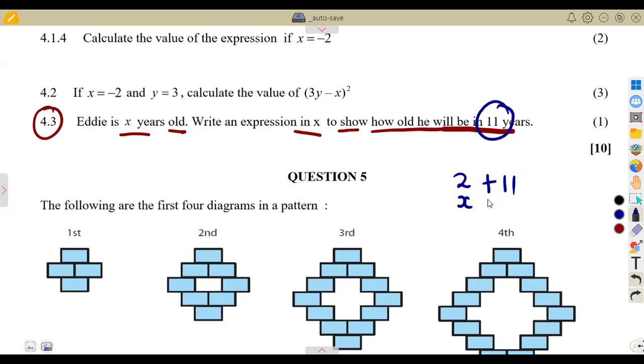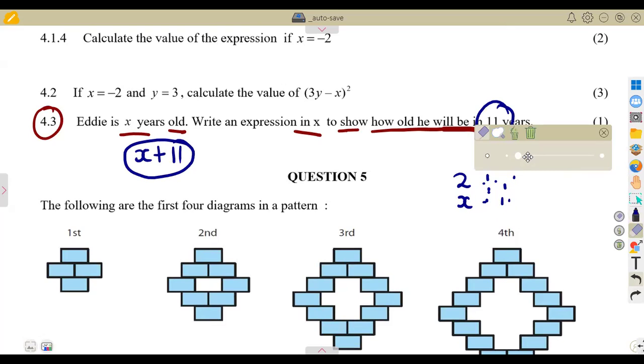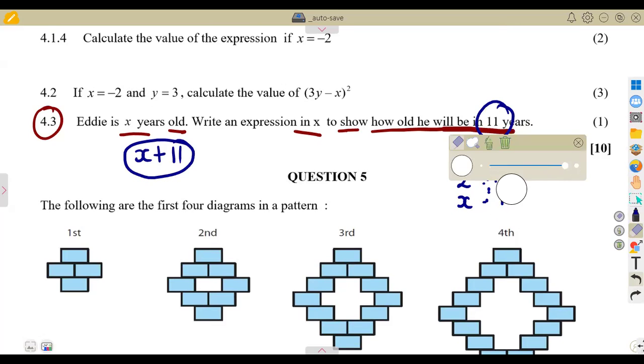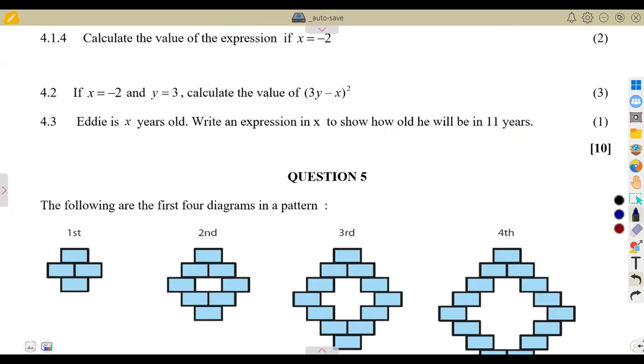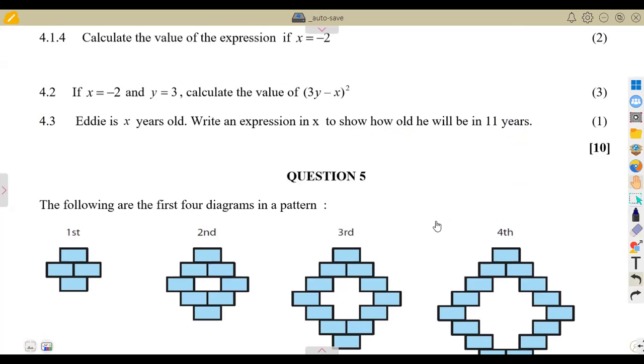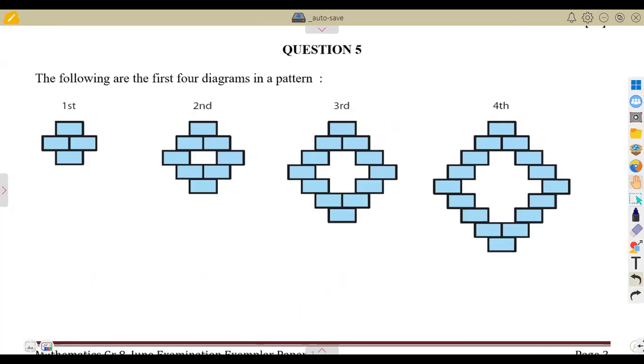What if he is X? You simply have to add 11. So meaning to say in 11 years time, Eddie is going to be X plus 11 years old. You just have to add whatever you're given, the number of years to come. All right. Question number 5.